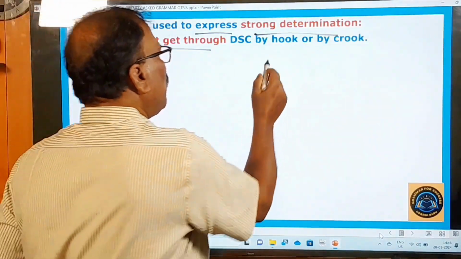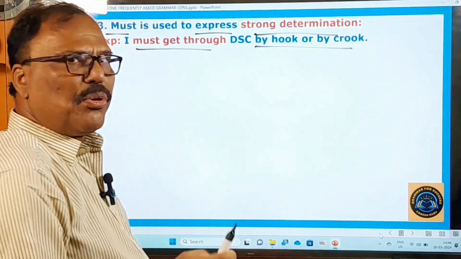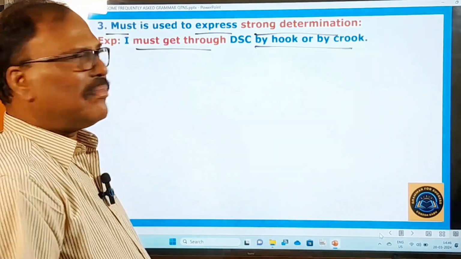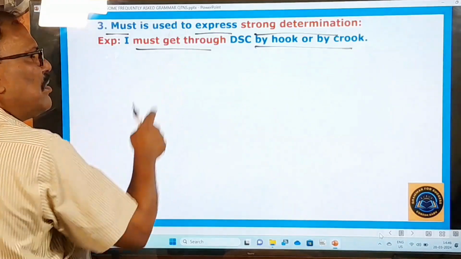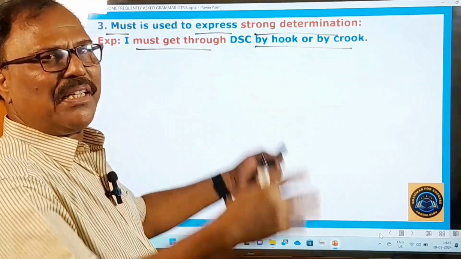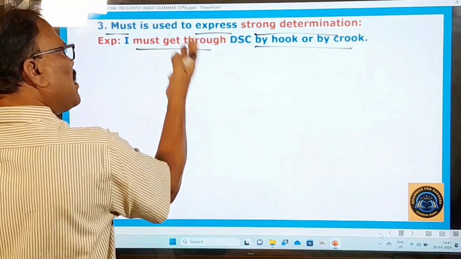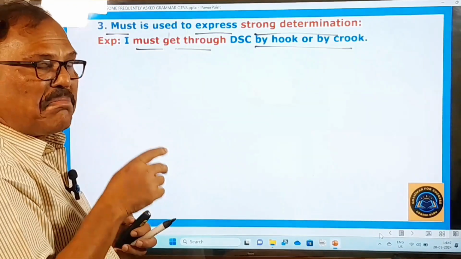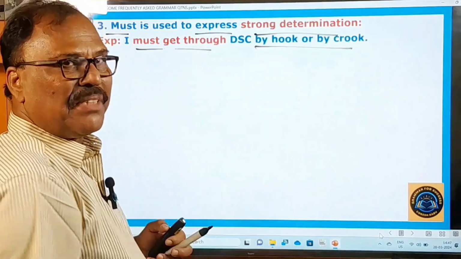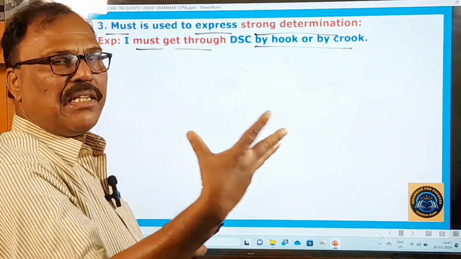By hook or by crook, this is an idiom, please. By good means or bad means or somehow. I must get through DSC by hook or by crook. Edo vidanga nenu DSC pass kavali. I must get through. It's a strong determination. I must talk to her. I must learn driving. I must pay the tax. Strong determination.